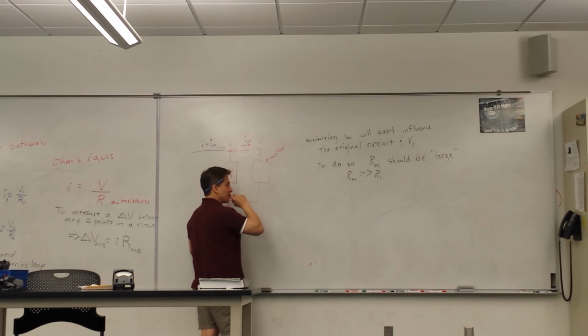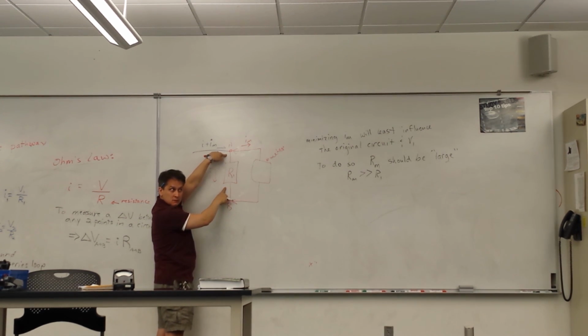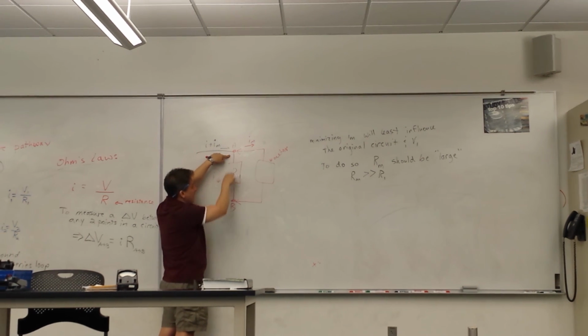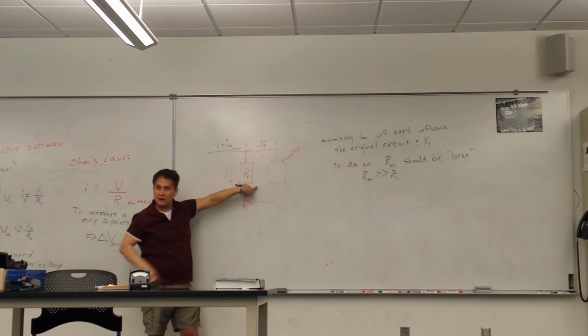So, in order to do that, we got two different ideas. If I put a second branch in the pathway between A and B, I will actually increase the amount of current that will flow between those 2 points, all other things being equal. Because current's going to flow here, and current's going to flow there.